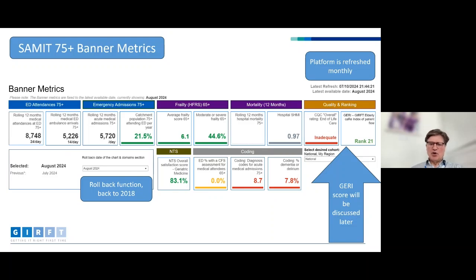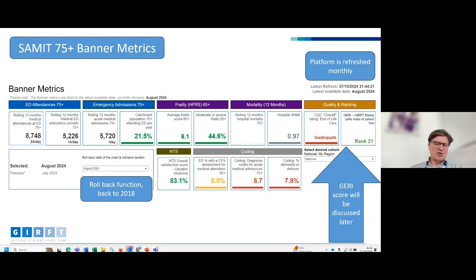And then on the bottom, now this is why we often end up double showing data: one of the variables in terms of how frailty is identified is, in the end, linked to the quality and effectiveness of coding. So there are two coding metrics there. One is just the numbers of diagnoses captured, and secondly is the proportion of patients where a basket of dementia or delirium diagnoses are captured.